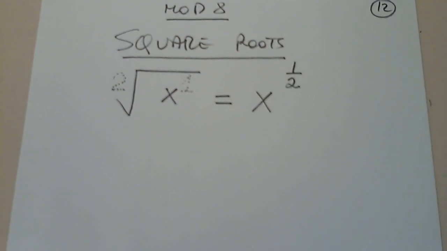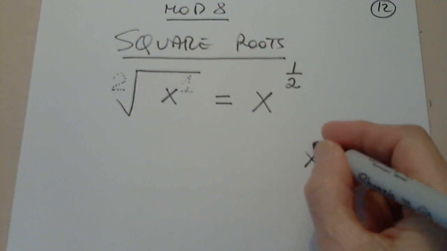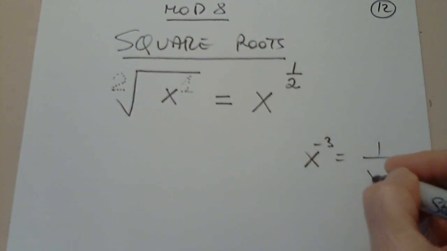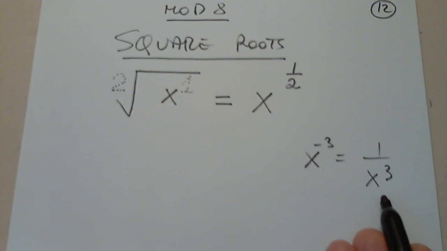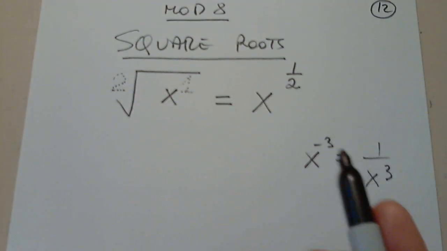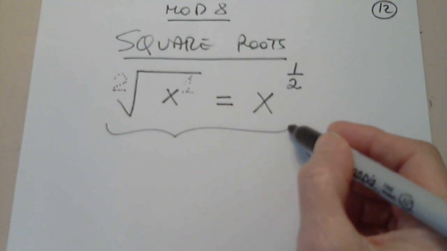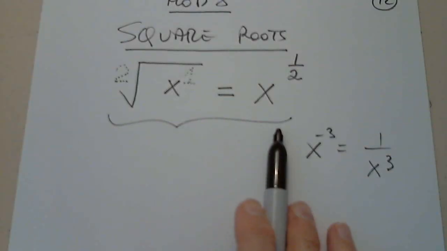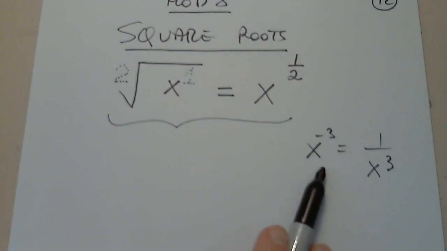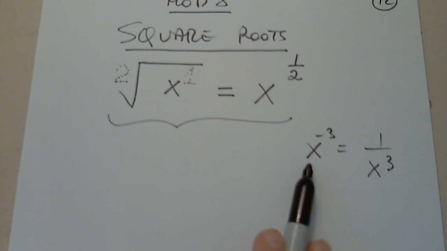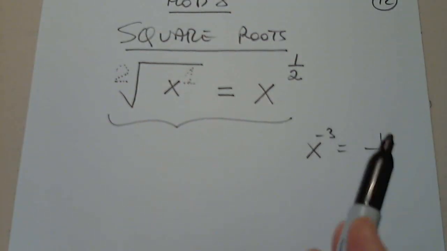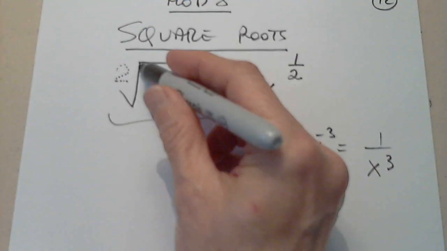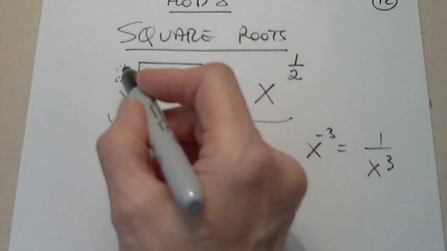Do you remember when we said, what does x to -3 mean? Oh, it's 1 over x to the 3rd. It's a condensed way of writing this fraction. The same thing here. We have 2 different ways of presenting the same thing. X to -3 is 1 over x to the 3rd. So every time we take the square root, we know the index.